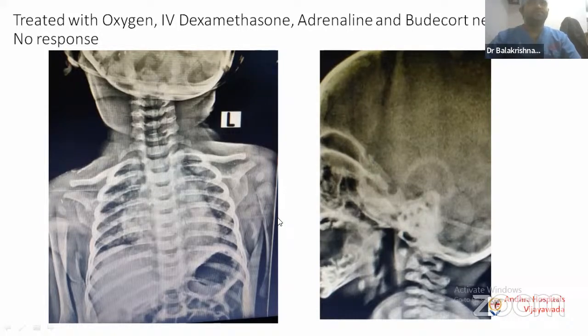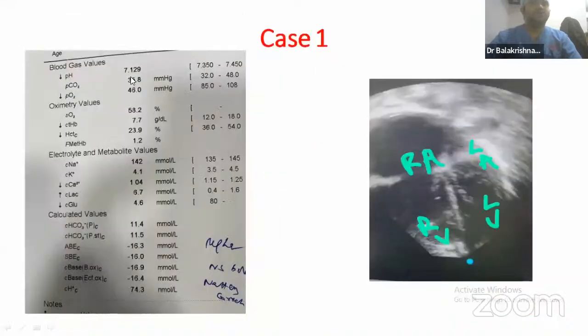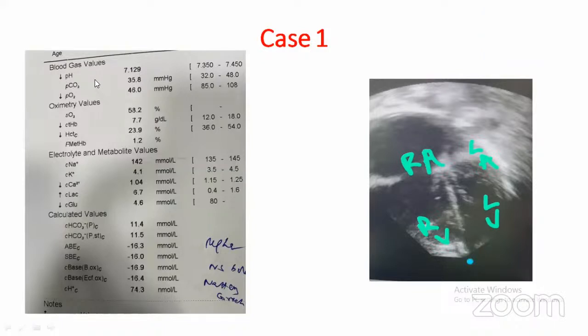So immediately we went for a blood gas. So can anyone comment on the blood gas? How do you comment on a blood gas? When you see a blood gas, usually you see metabolic acidosis. Okay.